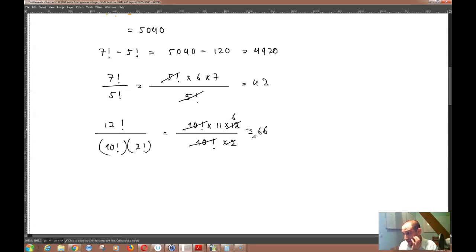And if you have something like n factorial over r factorial times n minus r factorial, let's see what that is.